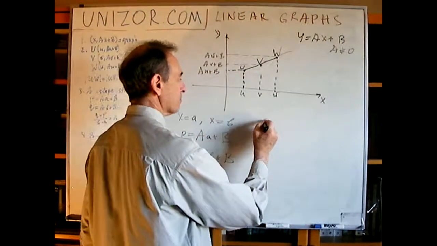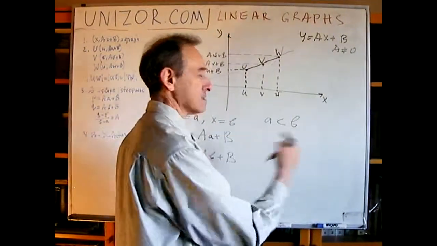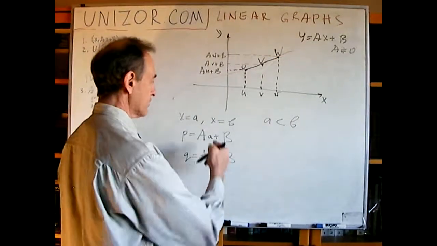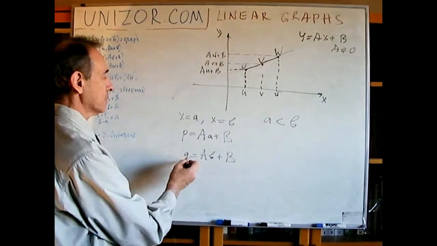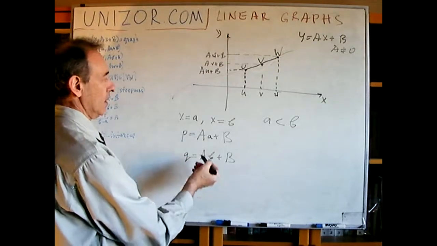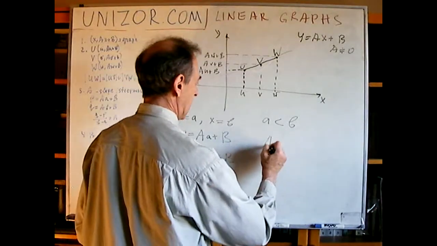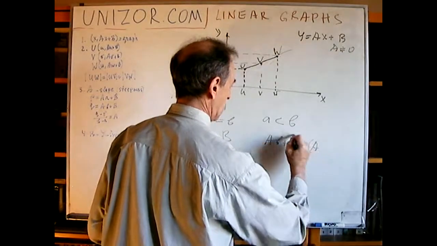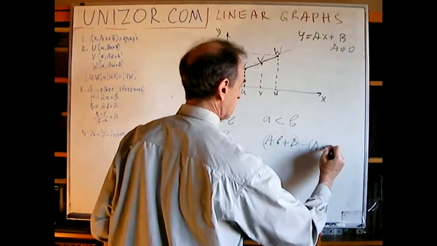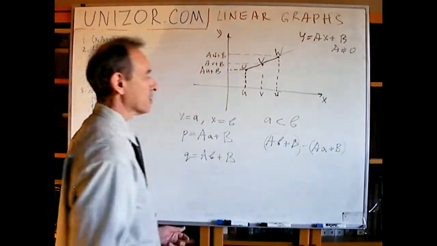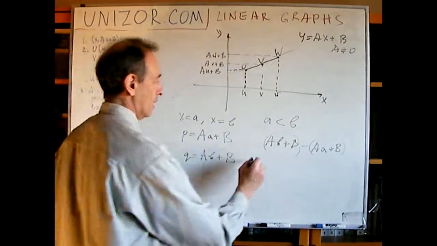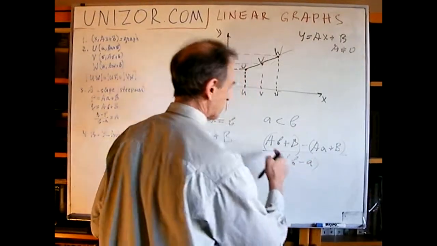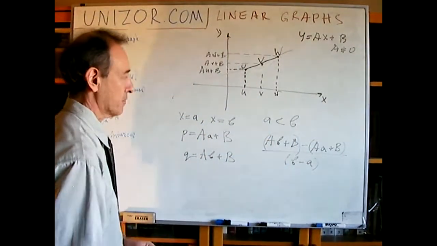Let's just for simplicity assume that a is less than b, these two points. So the increment of the function is the difference between Q and P, right? Which is A times b plus B minus A times a plus B. That's the increment of the function. Now, if I divide it by the increment of the argument, which is b minus a, what happens?